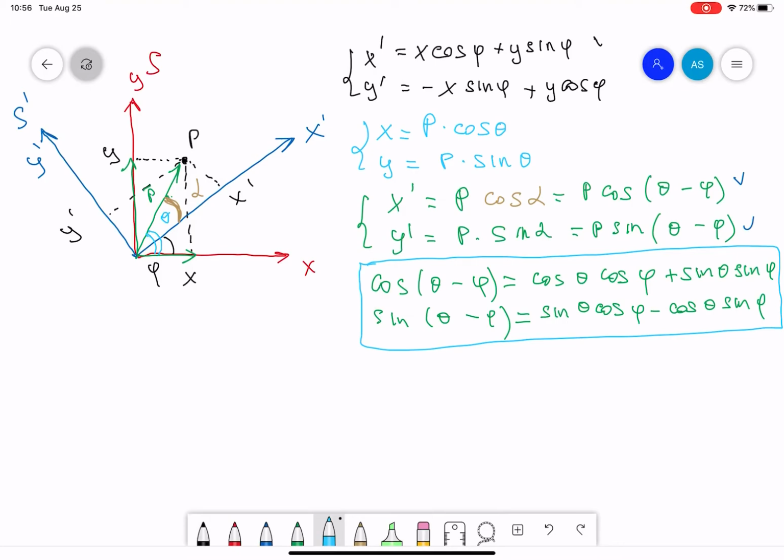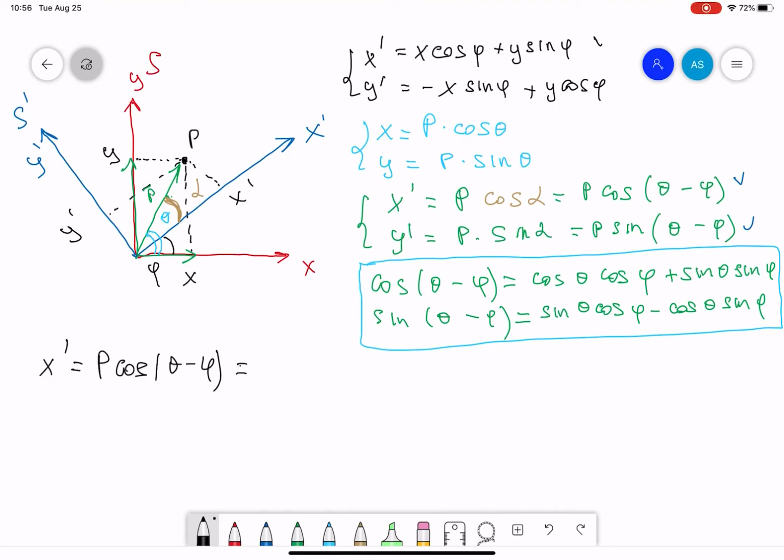Now what we have to do is find that our x dash was equal to P cos of theta minus phi, right?